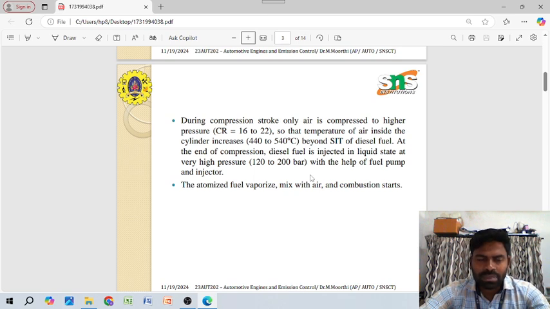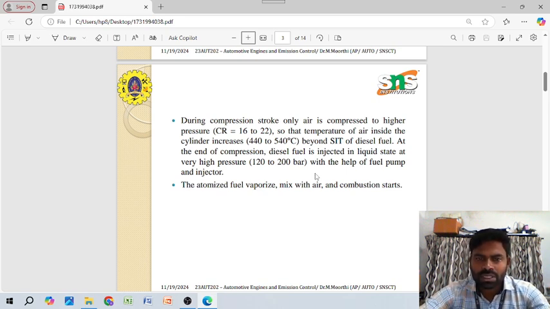Normally the compression ratio of the diesel or CI engine is from 16 to 22, so the temperature of the air inside the cylinder rises to 440 to 540 degrees centigrade. That is beyond the SIT of diesel fuel.